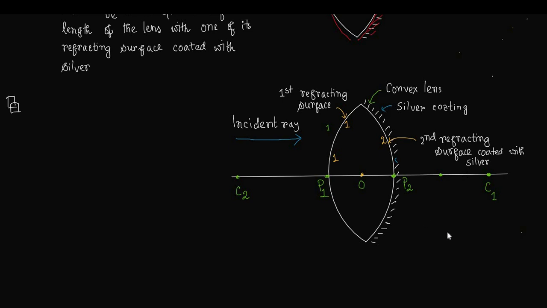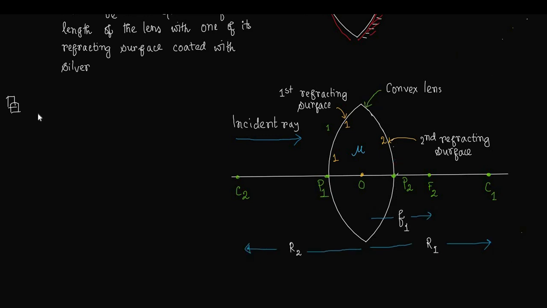Now we can denote the principal focus of the lens, which will be the midpoint of optical center O and C1. Mu is the refractive index of the convex lens. F is the focal length of the biconvex lens. R1 is the radius of curvature of the first refracting surface. R2 is the radius of curvature of the second refracting surface.